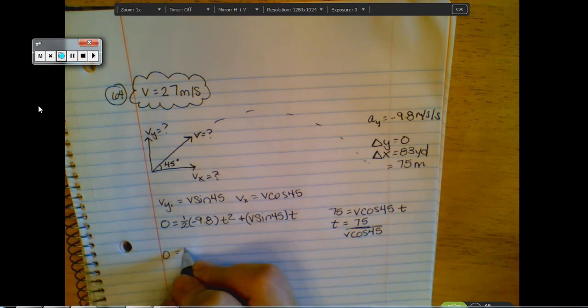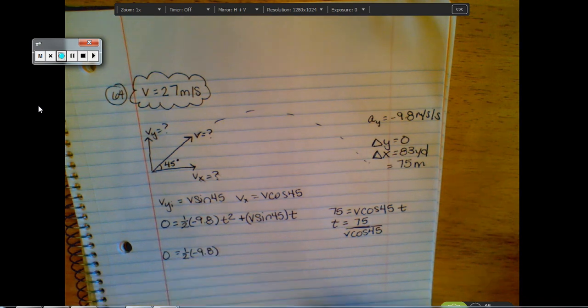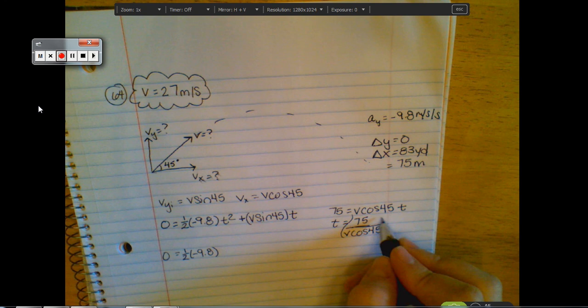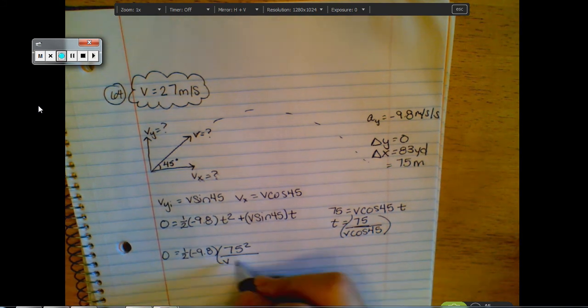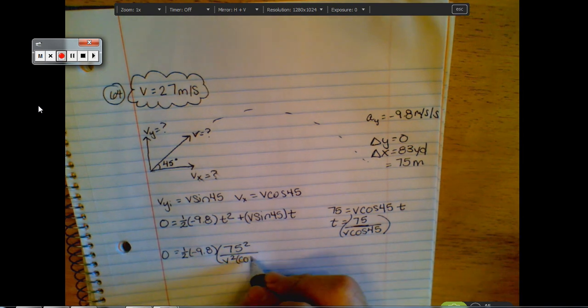0 equals 1/2 negative 9.8 t squared. Now we just found over here that t is this. So I'm going to do 75 squared divided by V squared, and then of course we will have to square the cosine of 45.